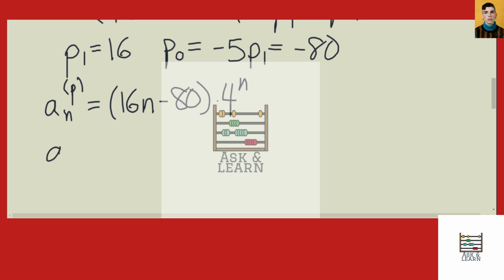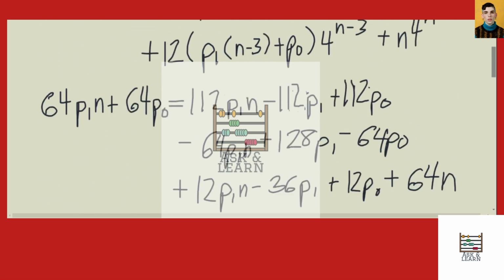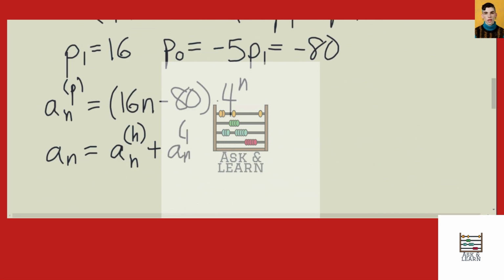And so it follows that the general form for a solution to the non-homogeneous equation is going to be the general form for the solution to the homogeneous equation plus the particular solution.